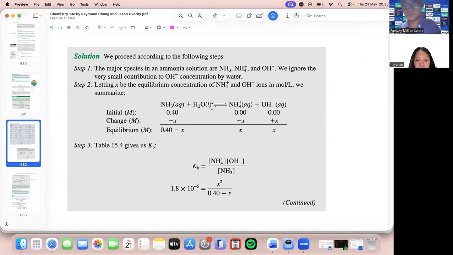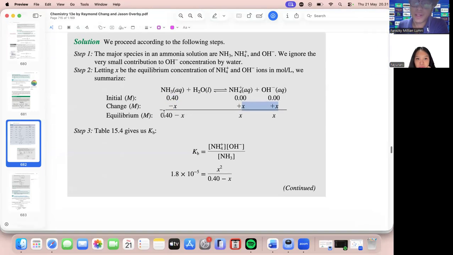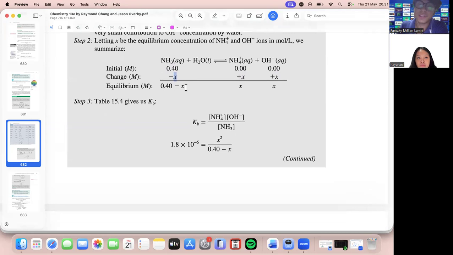Because what we have is ammonia, we write 0.4 here, and for NH4 and OH we don't know the amounts, so we put zero. Because we don't know x, we write it as x for the change. Since the right side is the one getting ionized, we use addition on the right and subtraction on the left. So the equilibrium for ammonia is 0.4 minus x, and the equilibrium for the ionized species is x, because that's what we know.